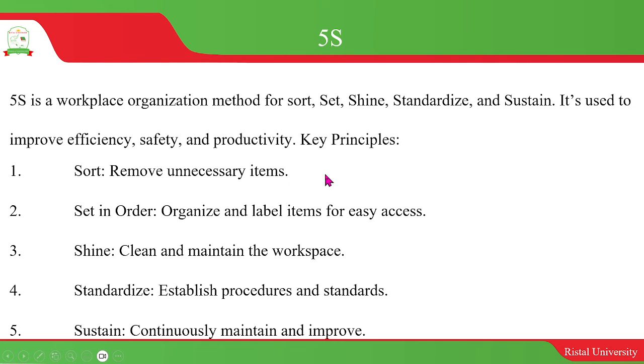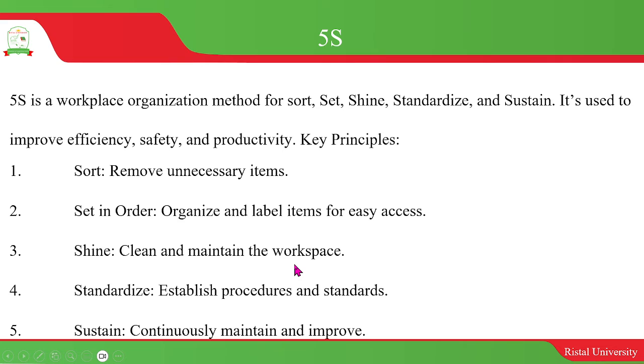If you are the pharmacist and the drugs are not well sorted, we are going to lose a lot of drugs. First of all, at the time that we need them, we may not be able to locate them, and the time is going, a person is waiting. You have to set things in order, organize and label items for easy access. The shine here means that it has to be clean and maintained.